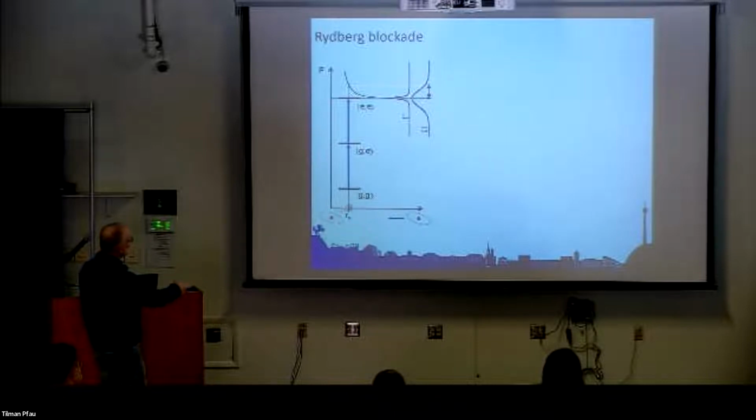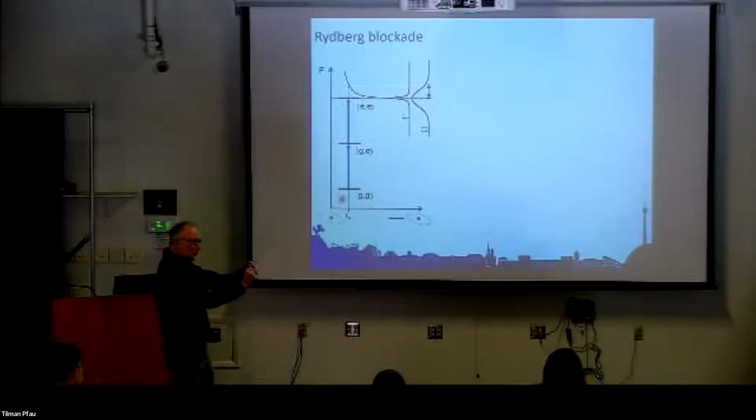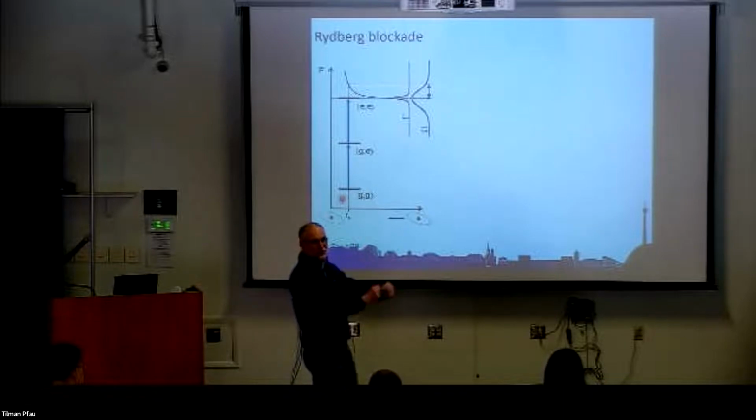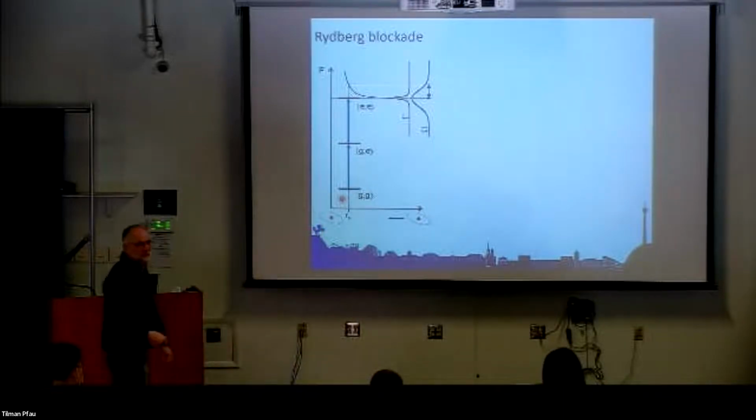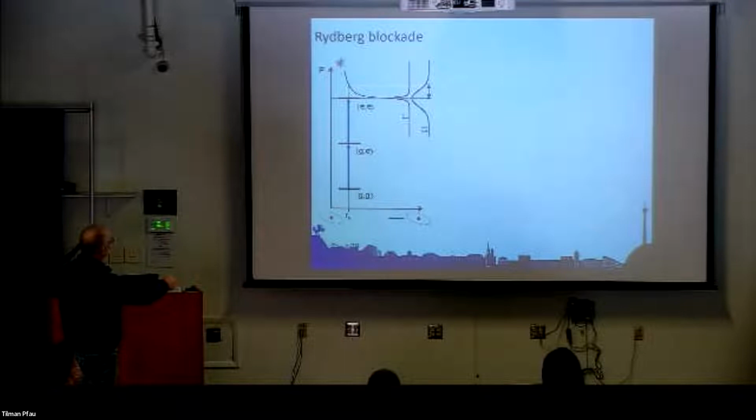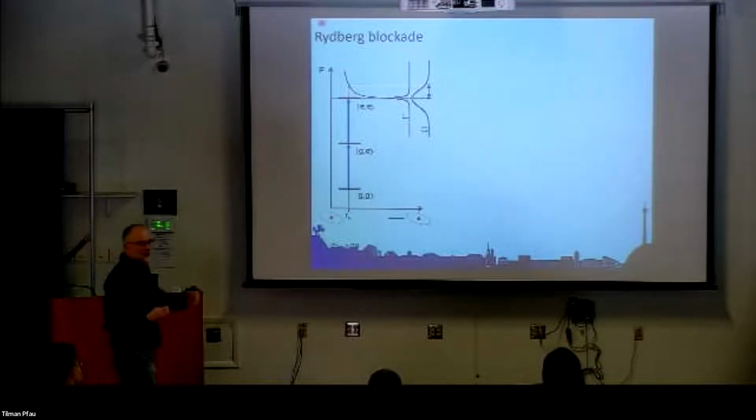So if your two atoms are sitting at a distance shorter than this blockade radius, you cannot excite it. It's blocked here, yes, because your laser will not be resonant with this interacting two-body state.